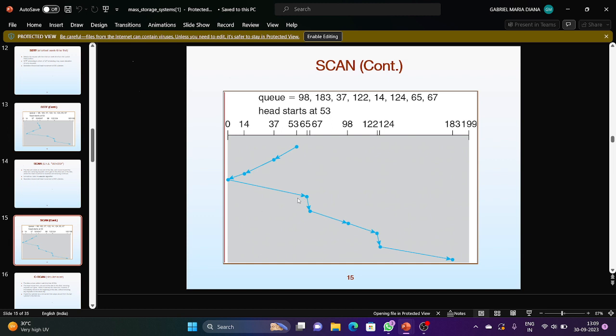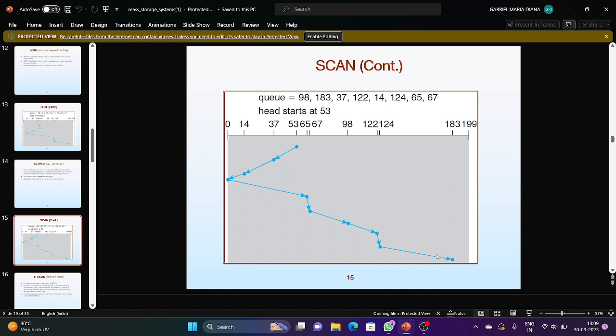So here it serves 65 and 67, then later 98, then 122, then 124, then 183 at last. This is the SCAN algorithm.